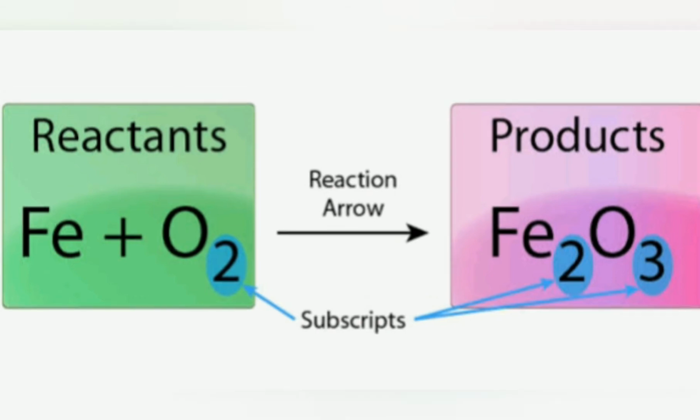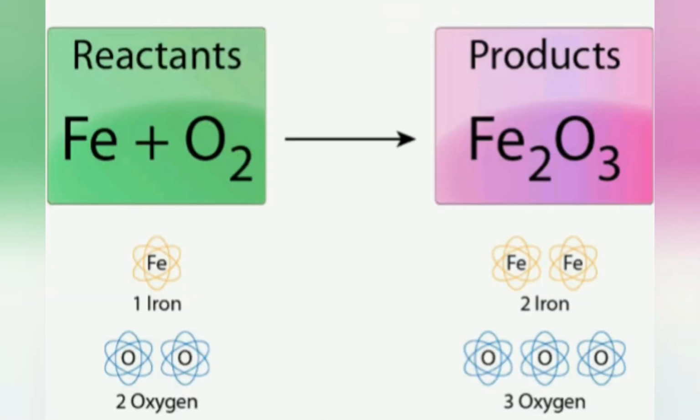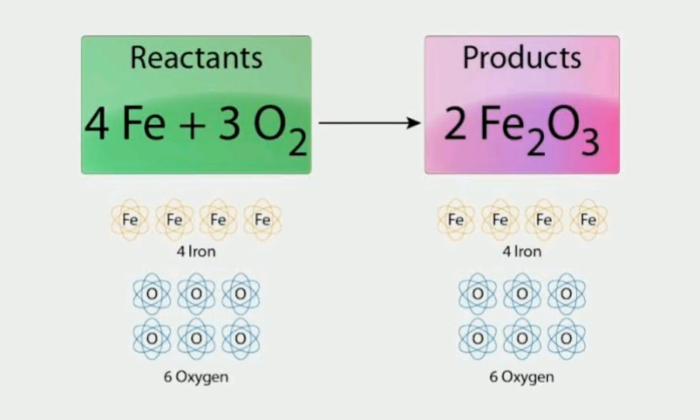The equation is unbalanced. There is one iron atom on the left side and two iron atoms on the right side. Two oxygen atoms on the left side and three oxygen atoms on the right side. In order to balance the oxygen atoms, Fe2O3 is multiplied by 2 and the oxygen O2 on the left side is multiplied by 3.